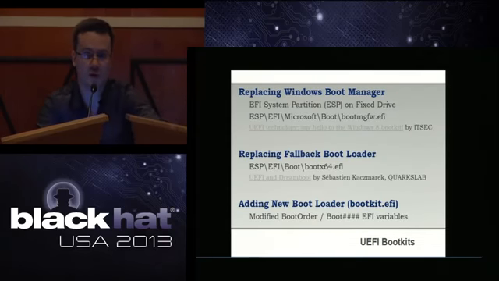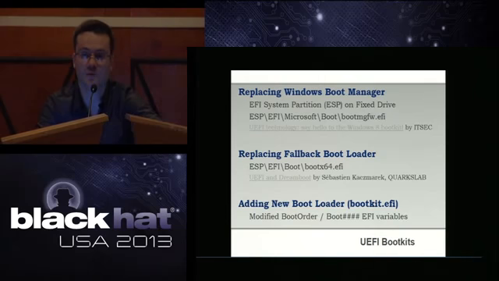That has actually been demonstrated as a proof of concept in a couple of publications. For example, replacing Windows Boot Manager on the UEFI system partition on the fixed drive was demonstrated in the paper by ITSec. Replacing the fallback bootloader is what Dreamboot uses in their proof of concept.